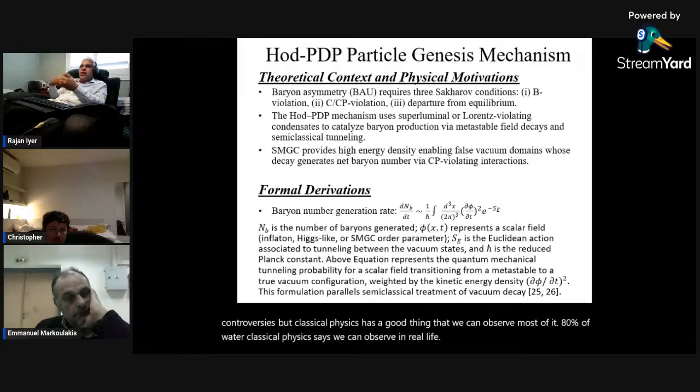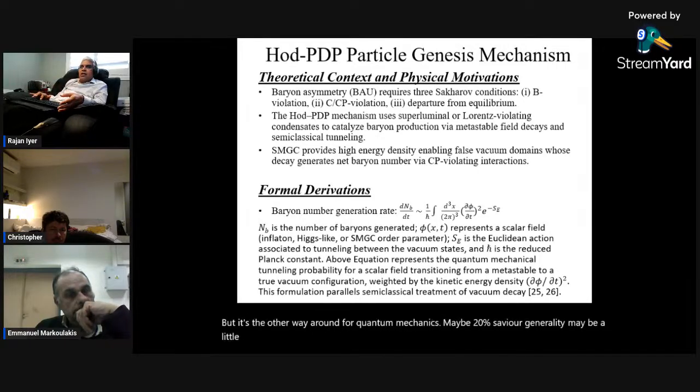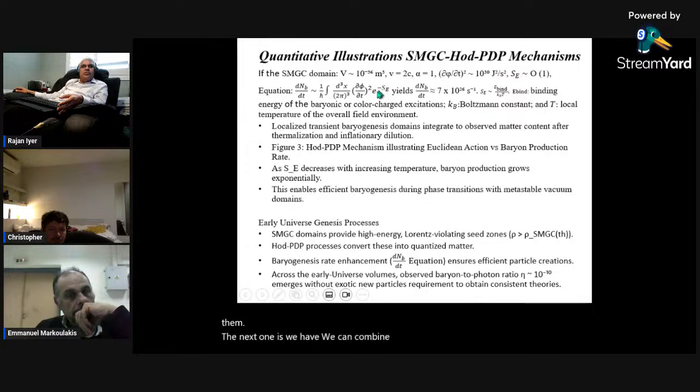But it's the other way around for quantum mechanics, maybe 20%. Same way, general relativity may be a little bit higher, but classical physics gives the highest level of observations, and you can verify them.